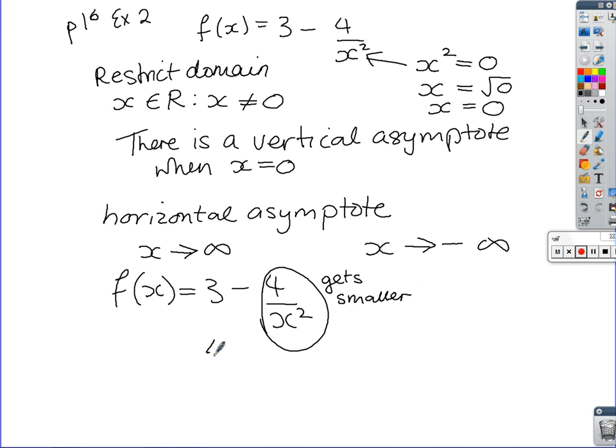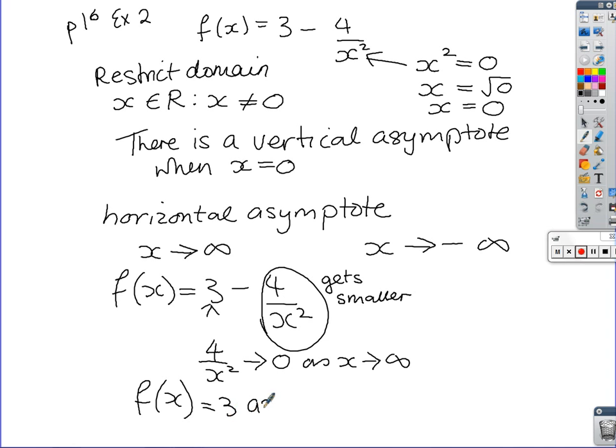So we say that 4 over x squared tends to 0 as x tends to infinity. This means all we're left with is this number 3. So f of x equals 3 as x gets larger or tends to infinity.